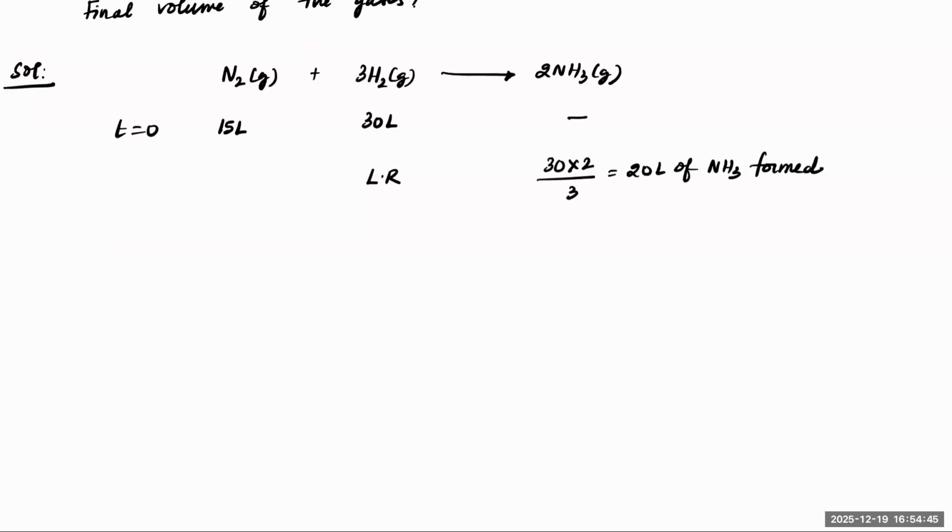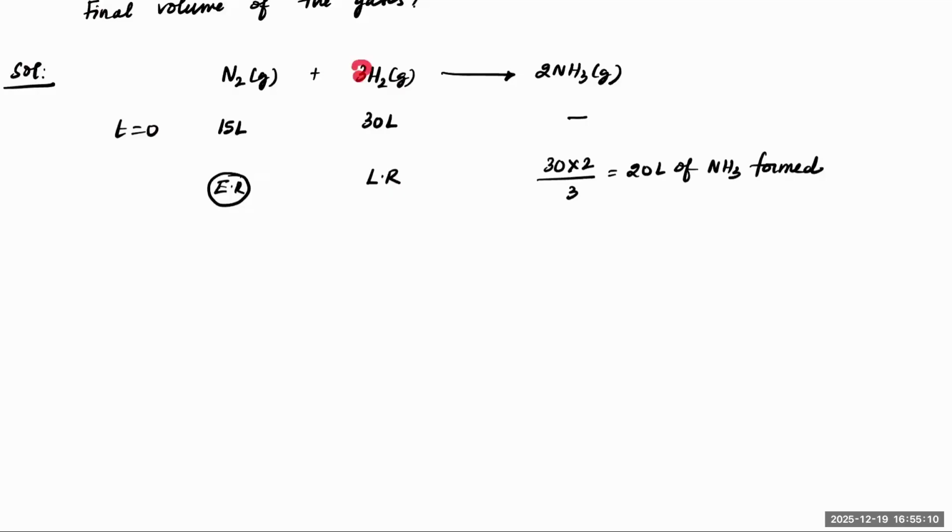And now do the reverse calculation. For every 15 moles, how much was required here? 45 was required, but only 30 was available, which means N2 is the excess reagent, isn't it? Since this is excess reagent, check out how much is left over.